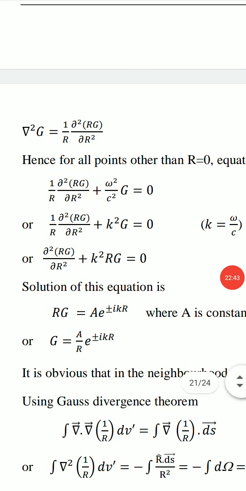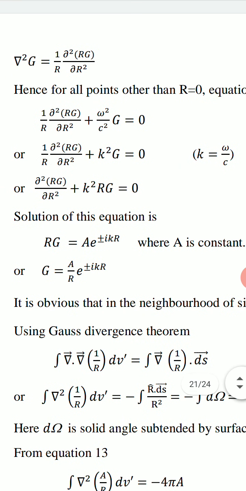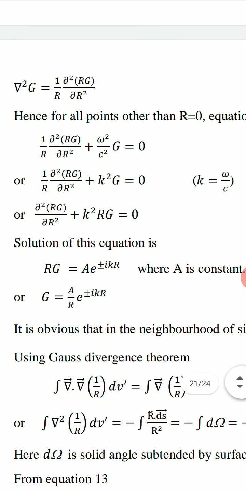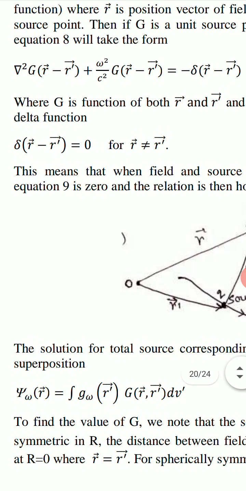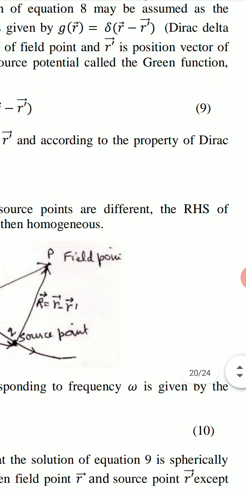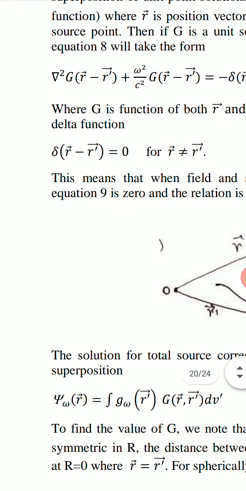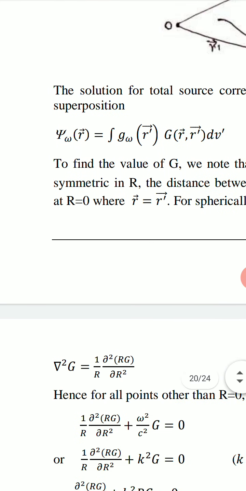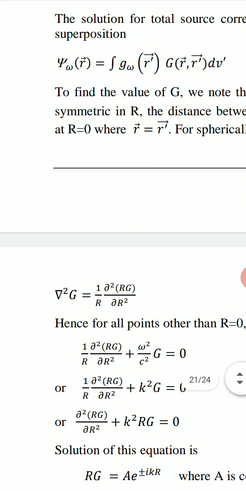Hence, for all points other than r equal to 0, equation 9 becomes, we write for del square g as 1 upon r d2 rg upon dr square. In this equation 9, we write in place of del square g as 1 upon r d2 rg upon dr square.